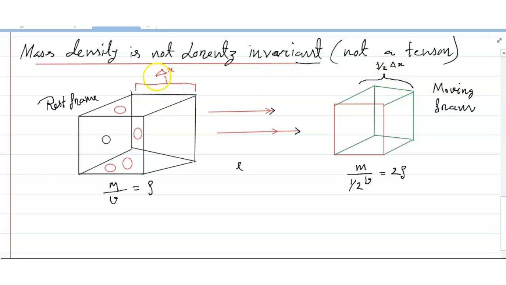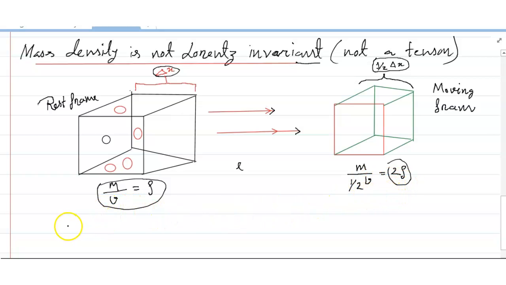Suppose it is Δx, so it is contracted to half of Δx. So the volume could be length contracted to half its size, meaning the mass density in the moving frame will double. Here mass density is m by V, which is ρ, and mass density in the moving frame is m divided by half V, which is equal to 2ρ. So it doubles in size.